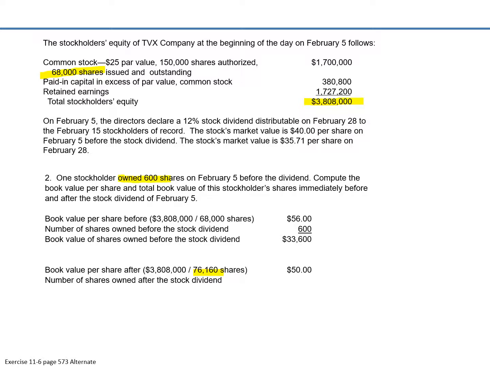The number of shares this stockholder has, if he got 12% additional shares, is 600 times 1.12, or 672 shares now. So the total book value after the stock dividend is unchanged, right? Because the number of shares goes up and the value per share goes down.